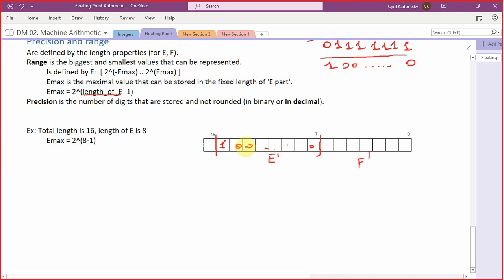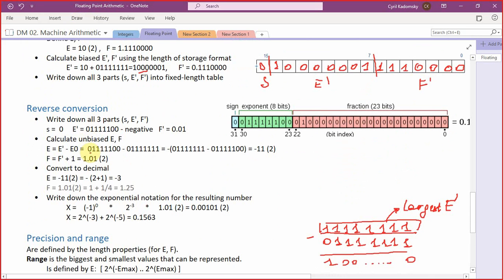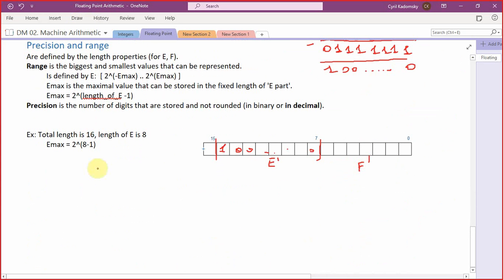This number is quite close to the bias itself, in comparison. So the maximal exponent is always 1, 0, 0, 0, and so on.